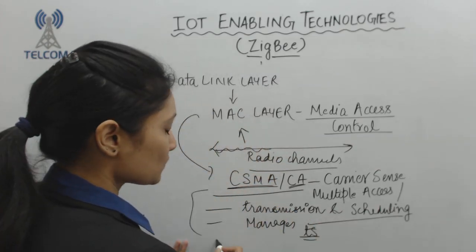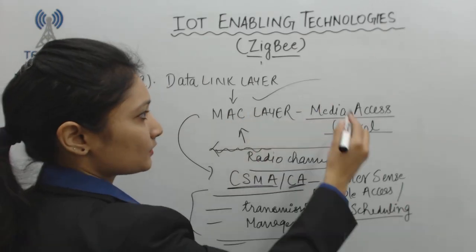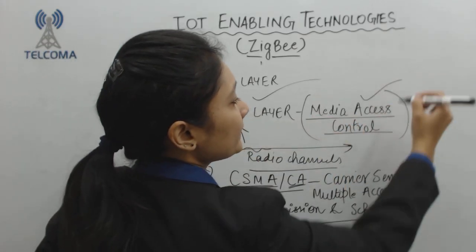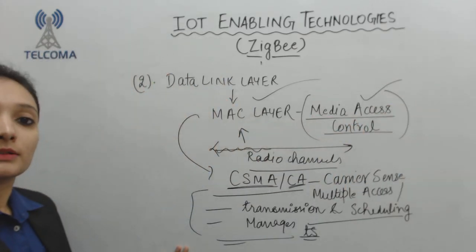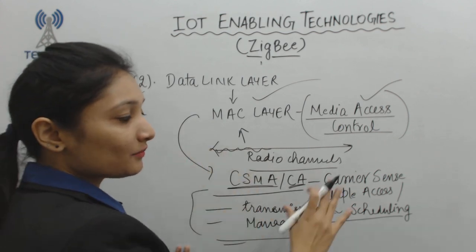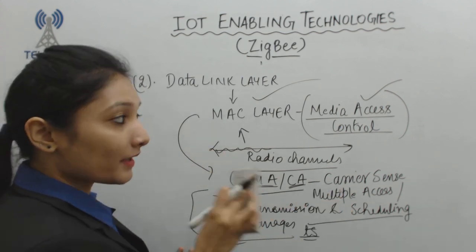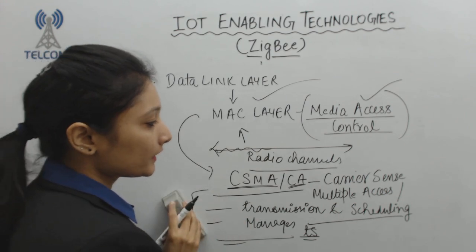So by these operations, we can say that this layer is responsible for controlling how the shared media is accessed by the multiple Zigbee devices in a network.